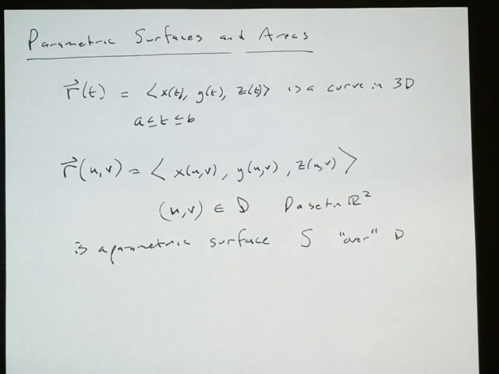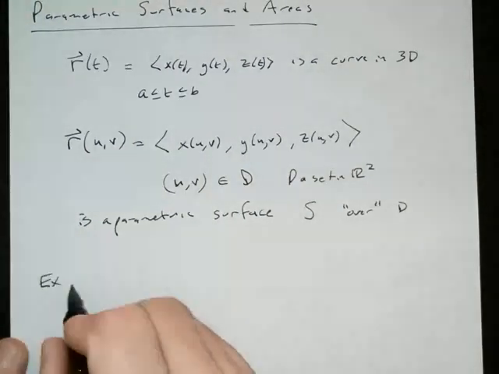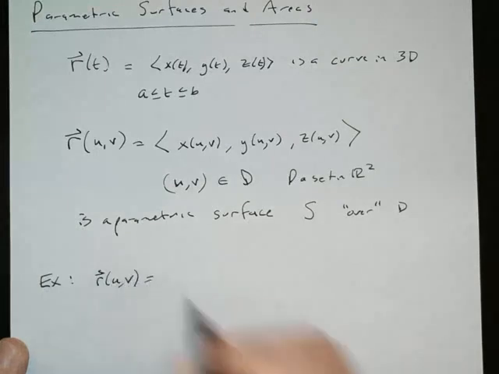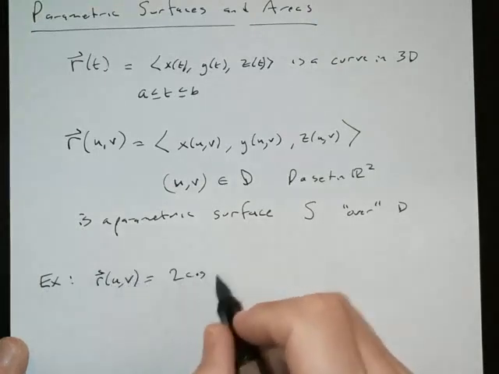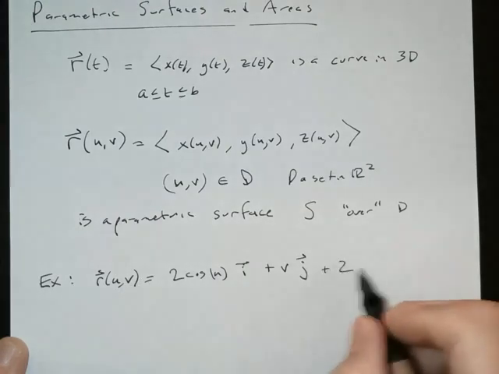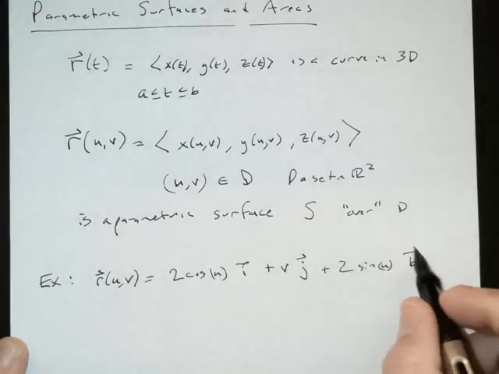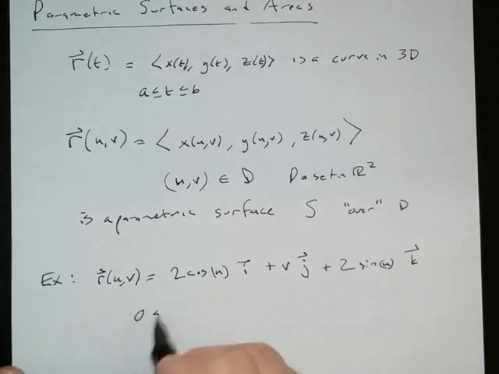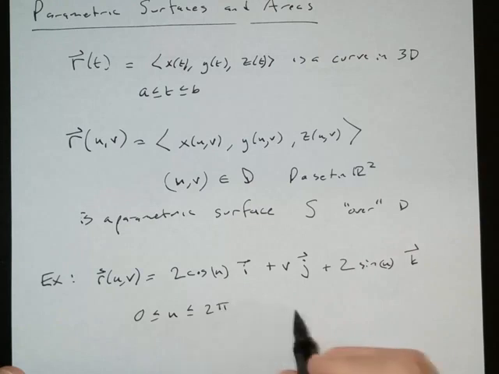An example. So let me think about this. This is defined where u goes from 0 to 2 pi, v goes from -3 to 3.